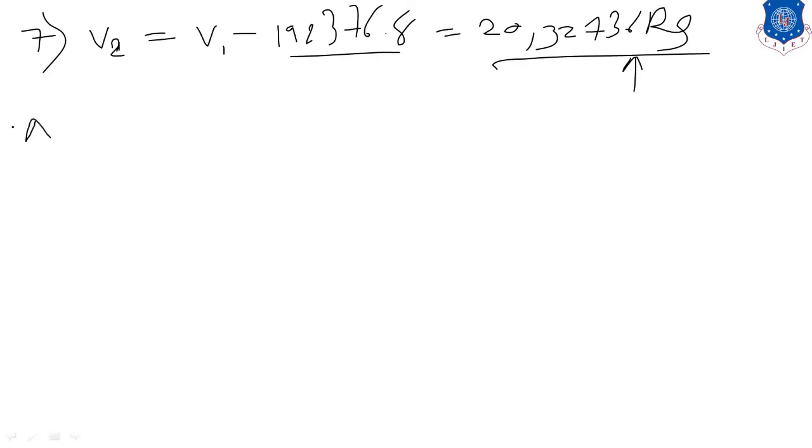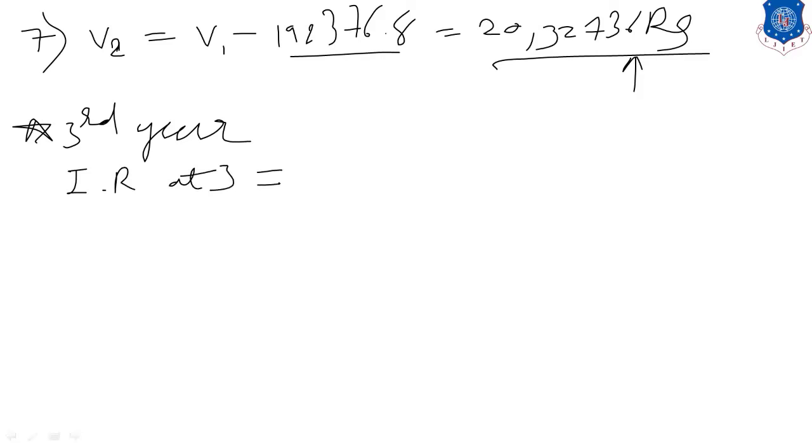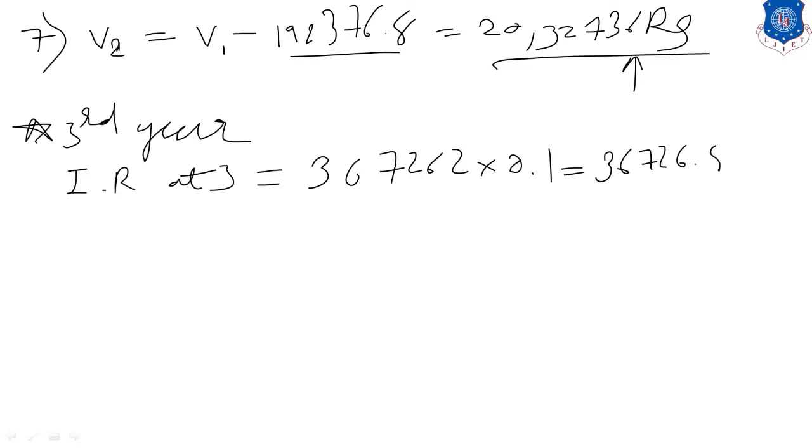Now we have to calculate for the third year. For the third year, again we have to find the interest earned at the third year. So let's find the interest at the third year. That can be given by 367,264 multiplied by 0.1, which is equal to 36,726.4. Why are we taking 3,67,264?